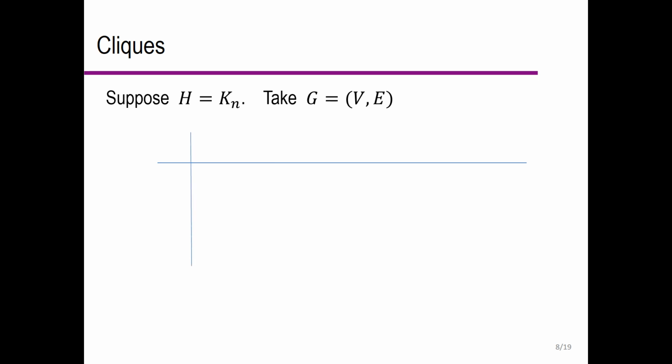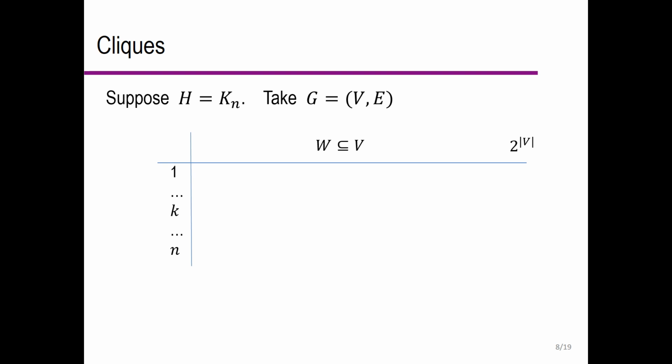The columns of this table will be labeled by all possible sets of vertices of G, so we have exponentially many of them, 2 to the power of V. And the rows are labeled with the sizes of subcliques of Kn. So with numbers from 1 through n.